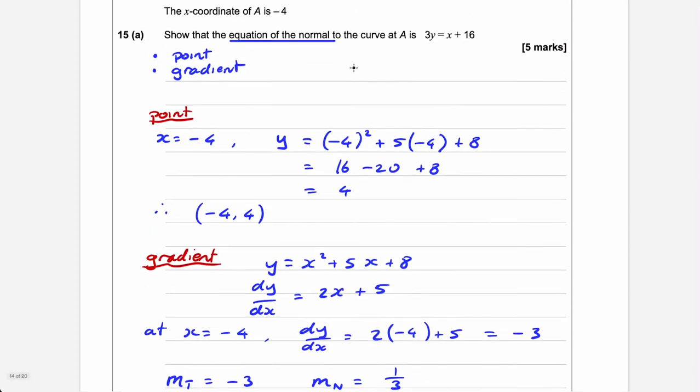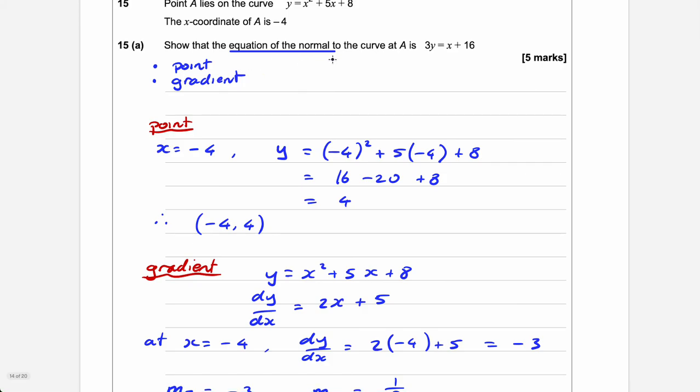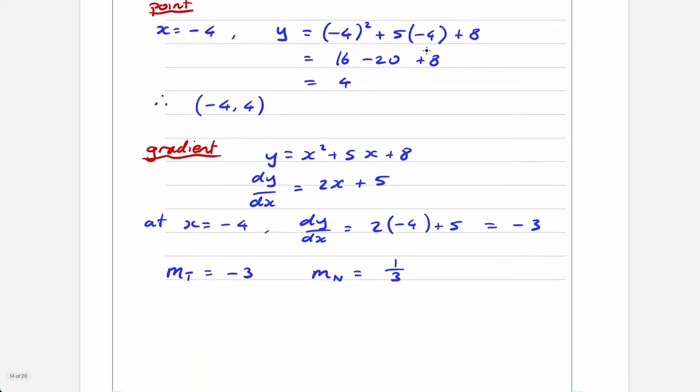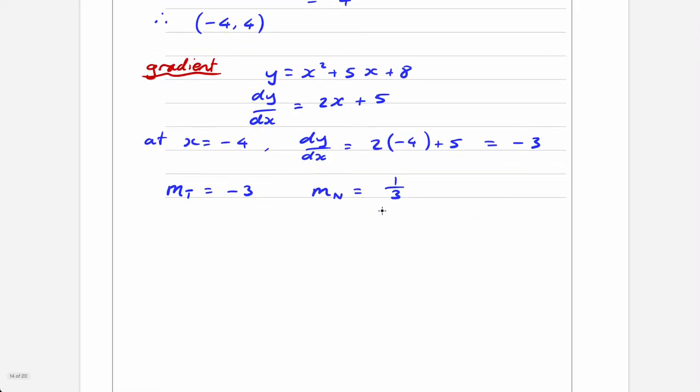Now he wants us to show that the equation of the normal is this. The equation of the normal we will get using the point and this m. So let me just clarify, we're going to use this point and this m. Now you can use, guys, the formula for the equation of the line, y equals mx plus c, or my preferred one is y minus y1 equals m into x minus x1.